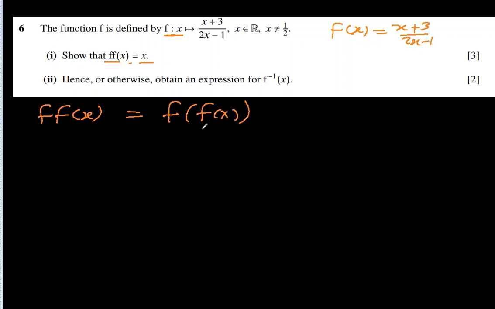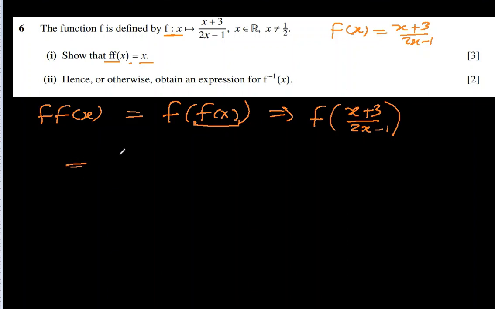Right? So let's substitute the bracket inside by its value, f(x), which is x plus 3 over 2x minus 1. So this will be f of x plus 3 over 2x minus 1. What it means is that whatever x's we have in this particular function, substitute those x's by this whole expression.